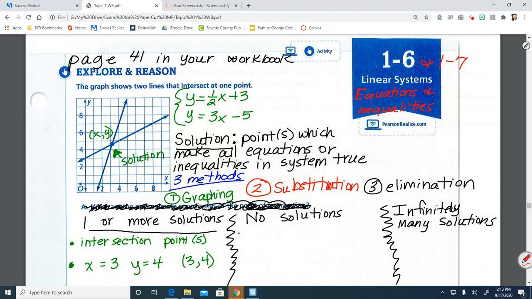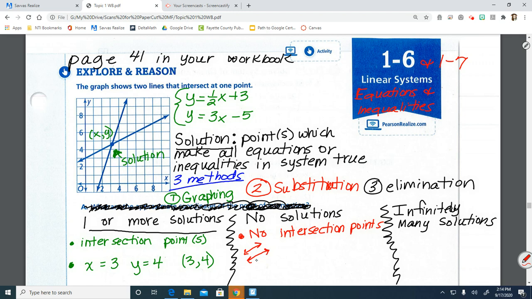For no solutions, if you look on the graph, what you'll see is that there are no intersection points. And if there are no intersection points, you'd probably see a picture of parallel lines, if they're lines.